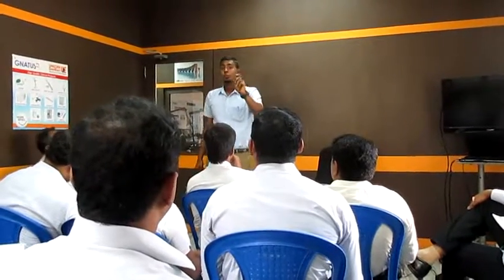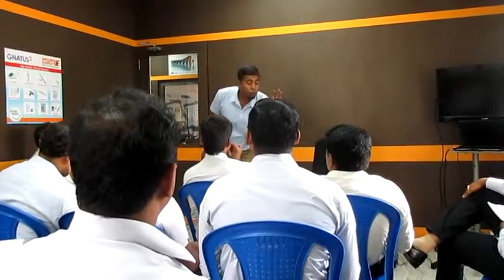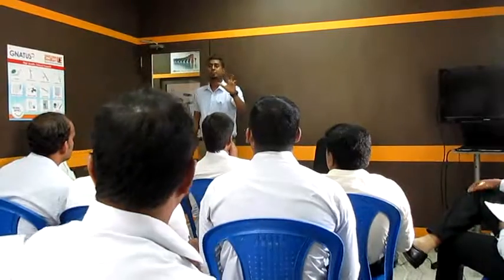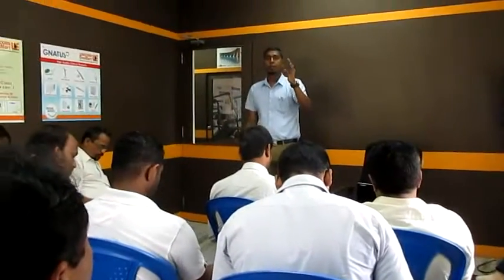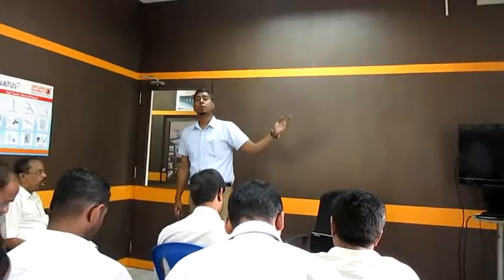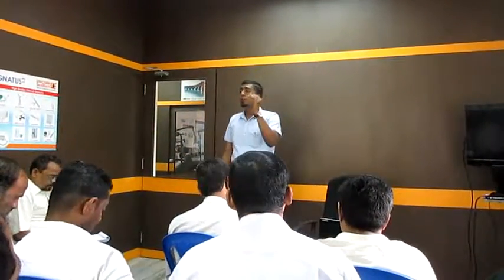Now I am telling the role of the focal spot. It controls the blurring effect, the blurring of the image. You know what blurring effect is? A hazy image. If your focal spot is bigger, the blurring would be more. If your focal spot is smaller, your blurring would be less.